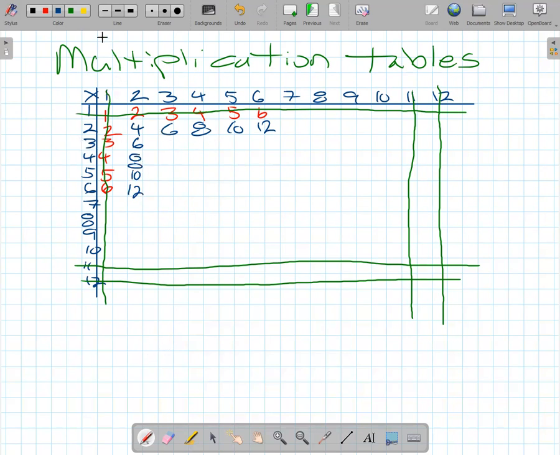And if we throw our 3's in there, 9, 12, 15, 18, and so on, and throw in some 4's, 16, 20, 24, a couple of 5's, 25, 30.